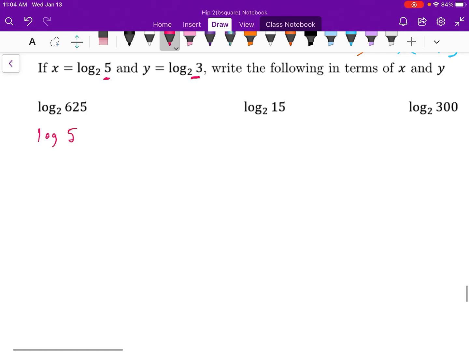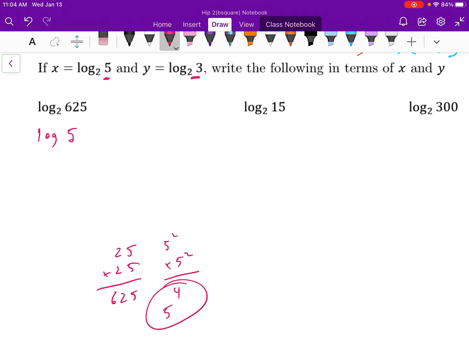Well, I know that 25 times 25 is 625. So really, this is 5 squared times 5 squared. In other words, 5 to the power of 4 is 625.